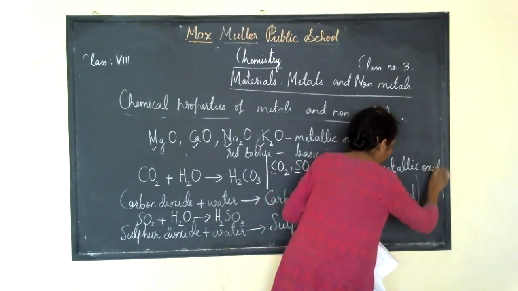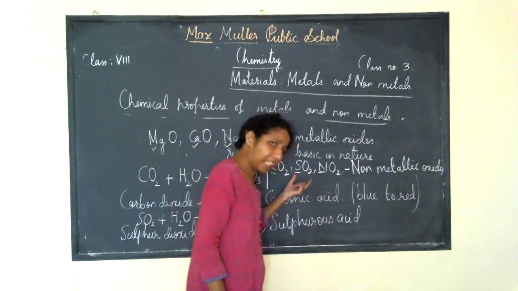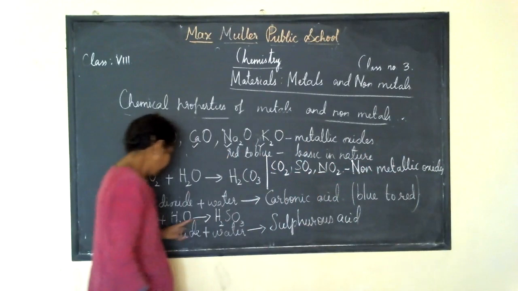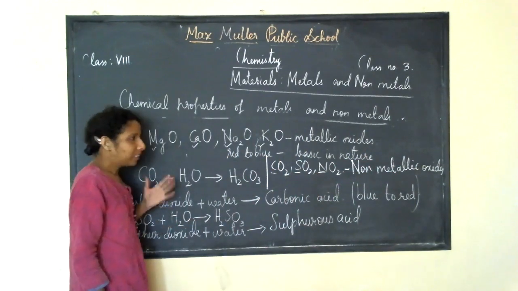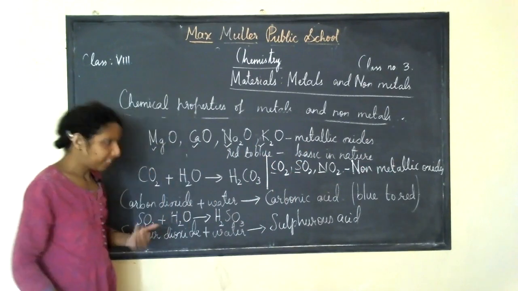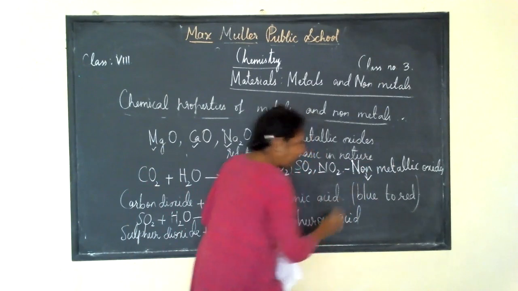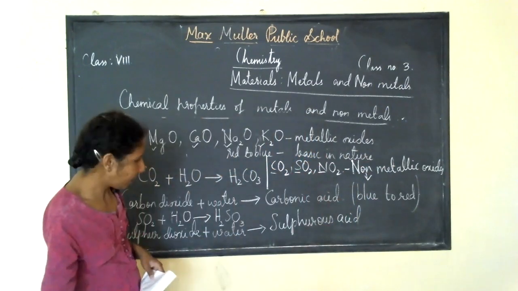If you dissolve these non-metallic oxides in water, they turn blue litmus to red, indicating non-metallic oxides are acidic in nature.